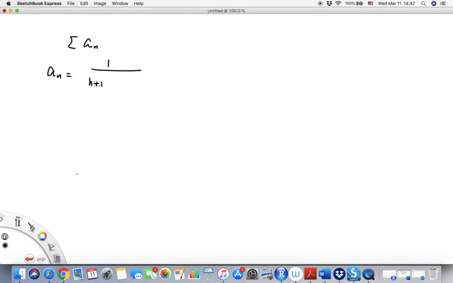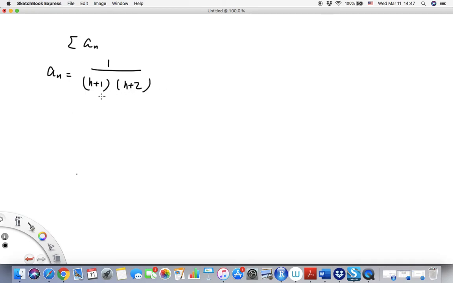Okay, next problem. Determine the convergence or divergence of the series sum of a_n, where a_n is equal to 1 over (n plus 1) times (n plus 2). So how do we do this?